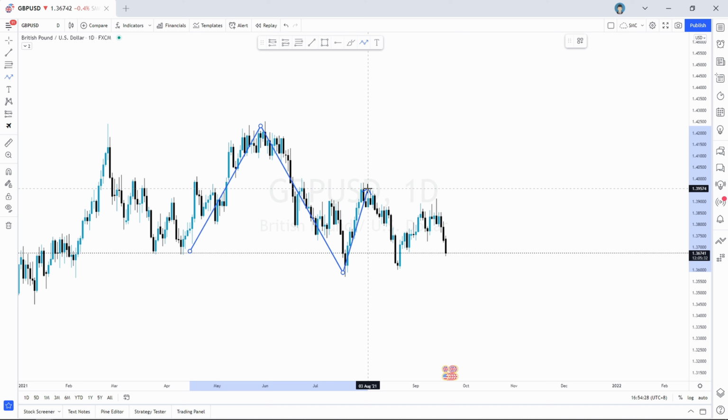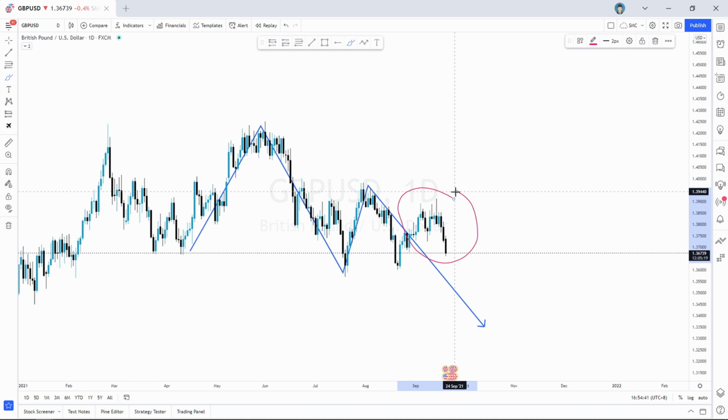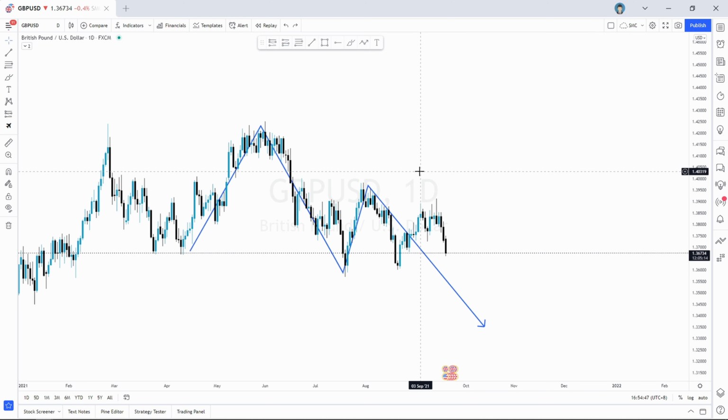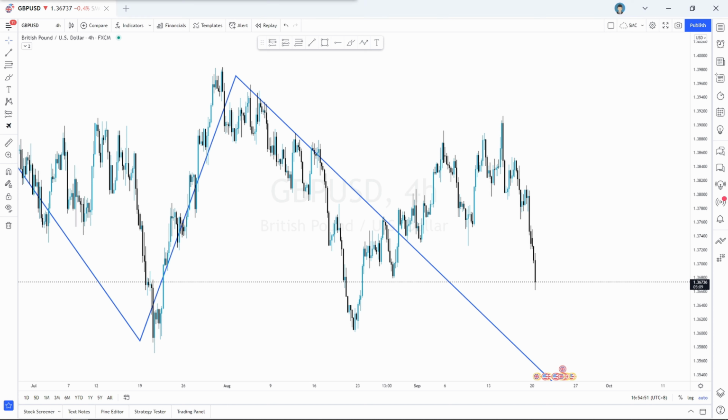So we're also expecting bearishness on the daily. So the daily is correlating with the 4-hour time frame. So it gives more confidence or more probability on the trade if we took shorts here. So daily is bearish, at the same time 4-hour is bearish since we broke that structure here.